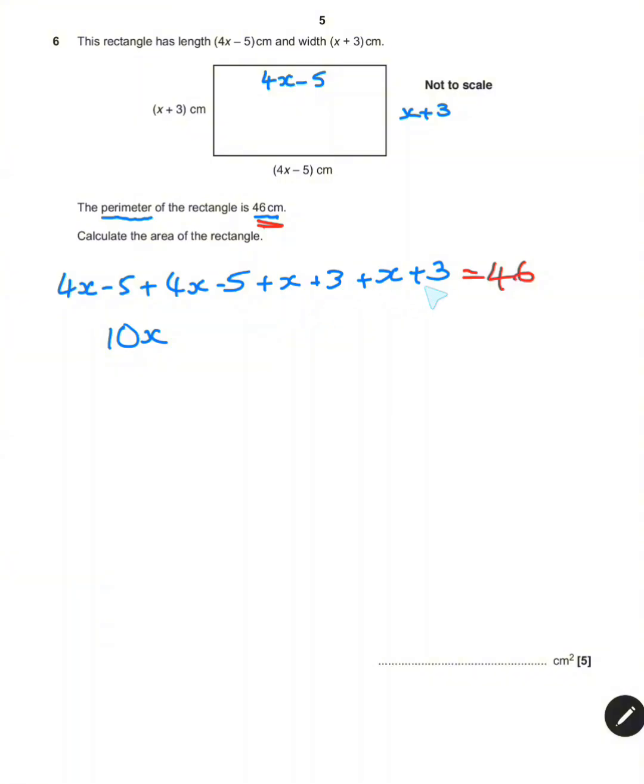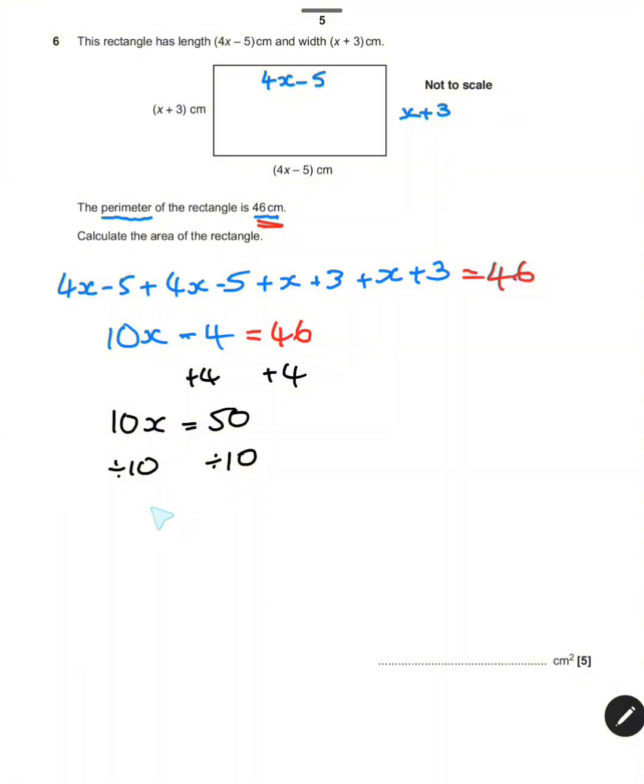Then add 3, so add 6 would be -4 altogether, still equals 46. Solve this equation. Add 4 to both sides, and divide both sides by 10. And we get x is 5.